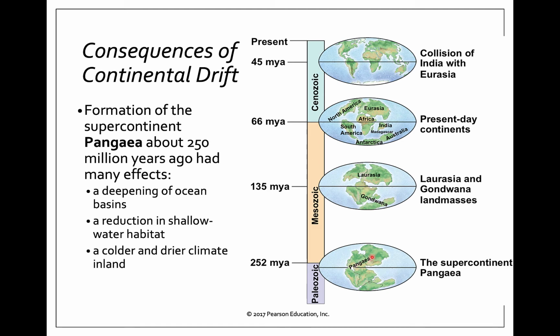So after Pangaea formed, over time, the continents started to drift apart until we reach what looks like the planet as we know it today. And this helps us to explain some of the distribution of organisms and fossils. The drifting apart of the continents has led to allopatric speciation, allo meaning other.